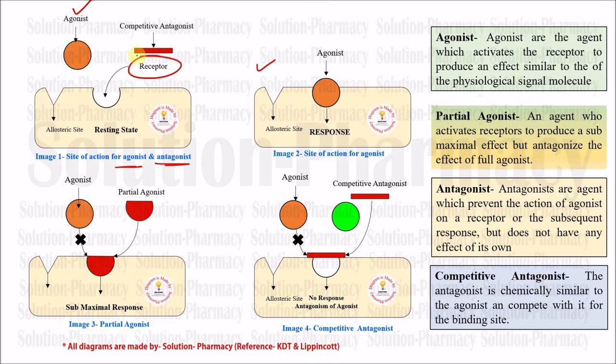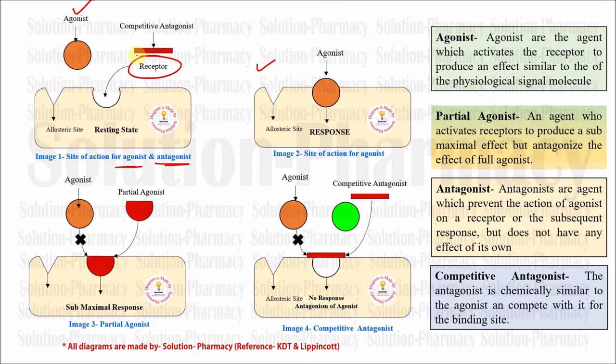They do not have any pharmacological or biological activity. They just recognize or identify the agonist molecule, signal molecule or ligand molecule, so that they allow their combination and form drug plus receptor equals drug receptor complex.